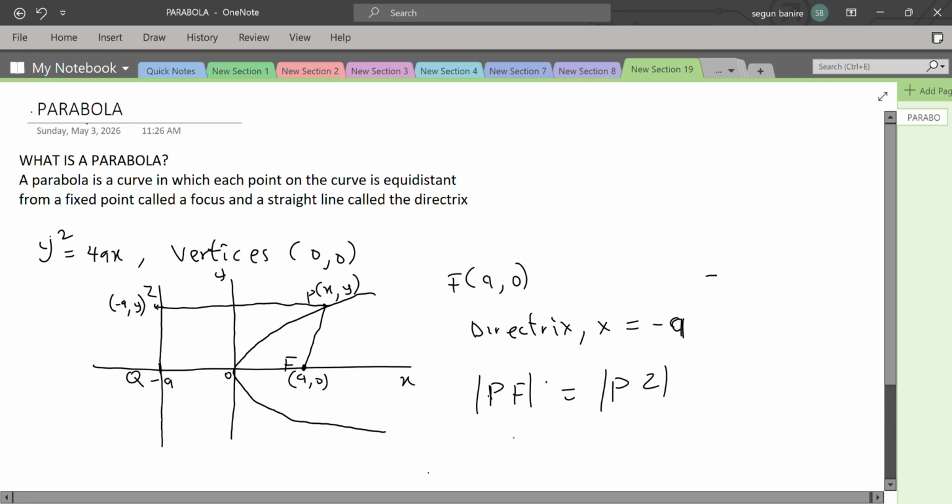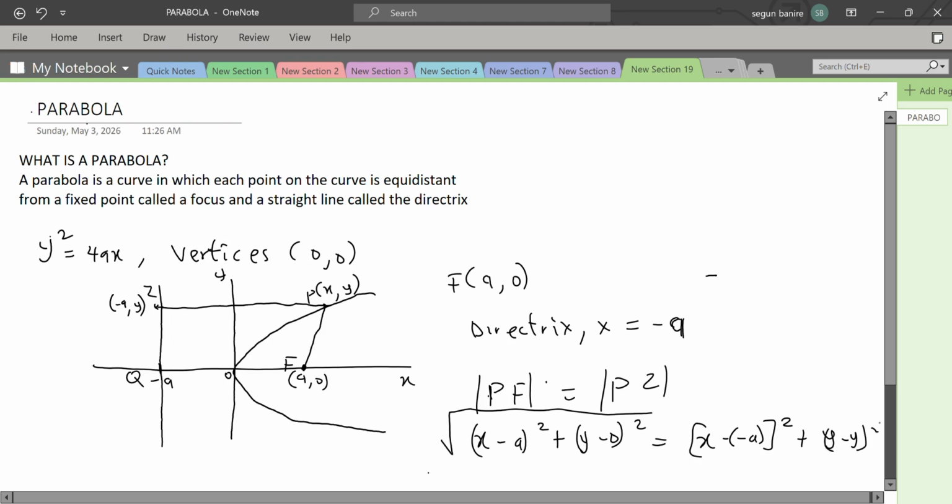The distance PF, using the distance formula, is the square root of x minus a squared plus y minus 0 squared, equals PQ, which is the square root of x minus a all squared plus y minus y, which is actually 0.